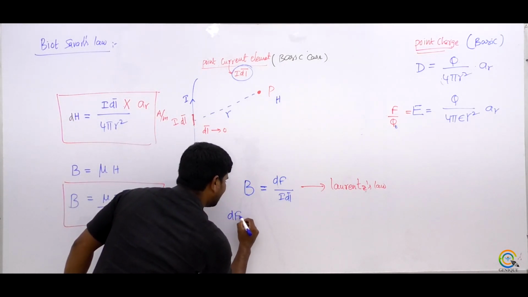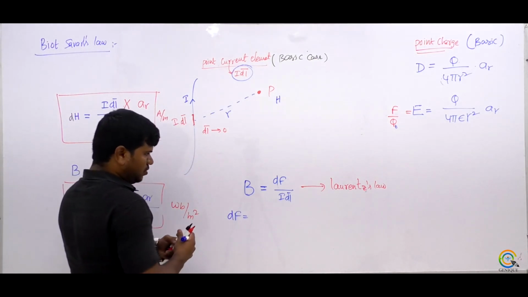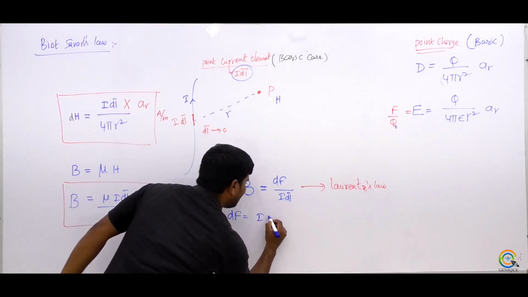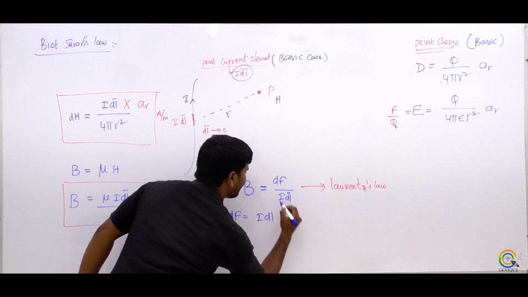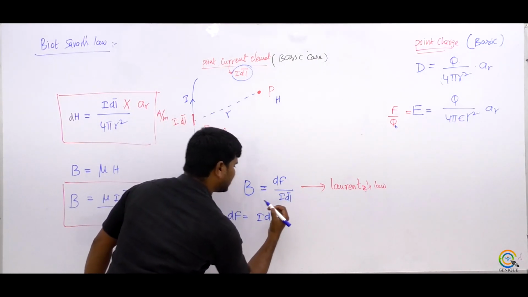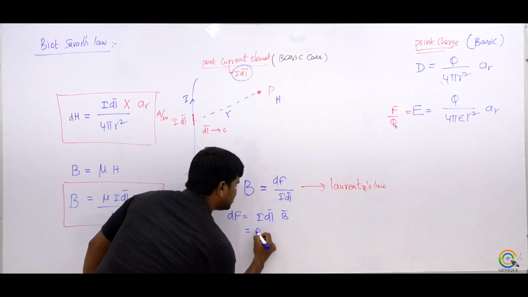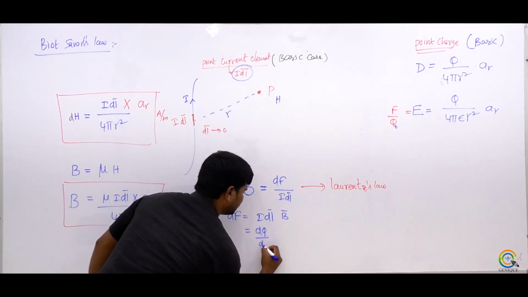So from this, what can I write? dF is equal to I dl into B. It is a vector. I am writing this I as dq by dt.